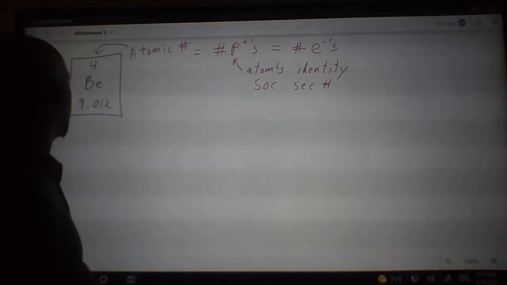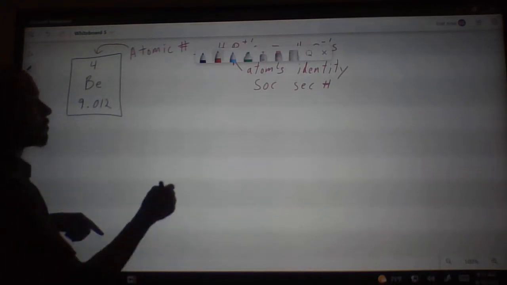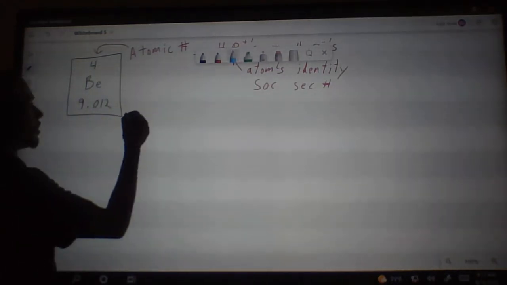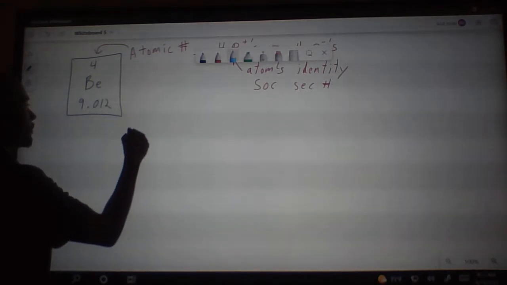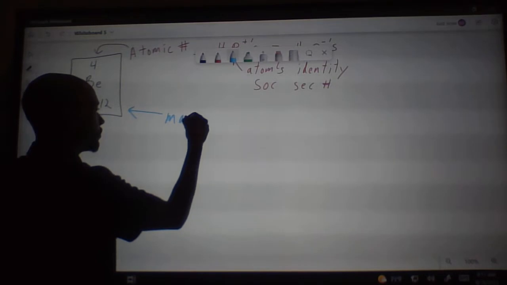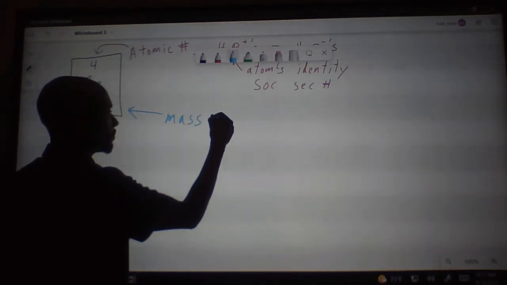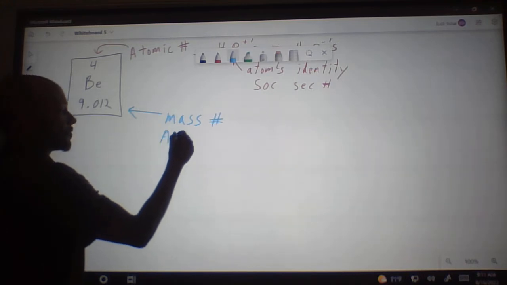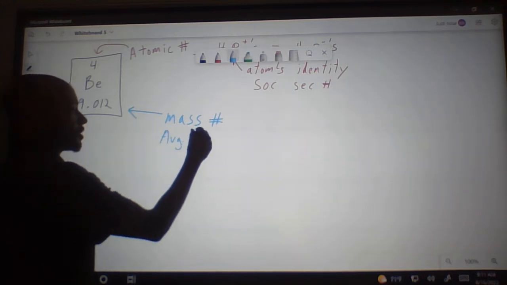All right, so we have some other information here. We have this number at the bottom. The number at the bottom is going to represent our mass number. Or this is the average atomic mass.